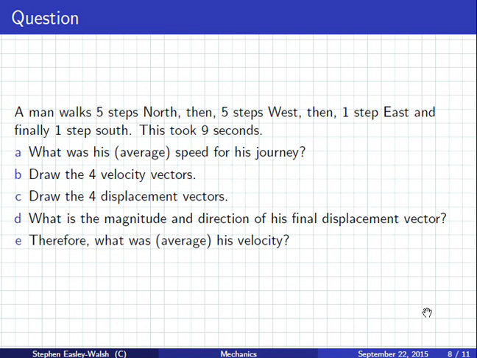Okay, another example. Now we have one with an actual man. So a man walked 5 steps north, then 5 steps west, then 1 step east and 1 step south. So just write down the steps he took. 5 north, 5 west, 1 east and 1 south. Just write those 4 down, please.